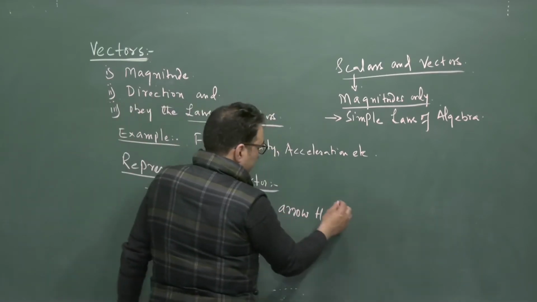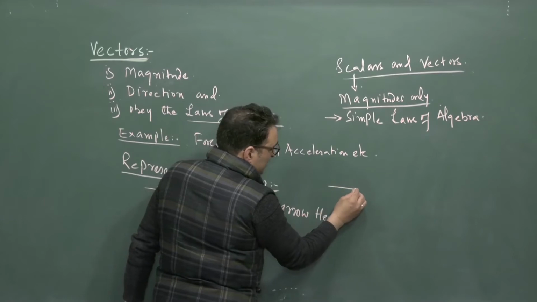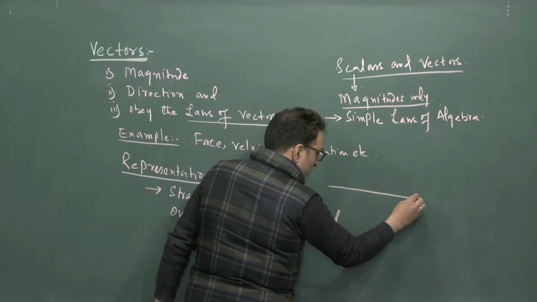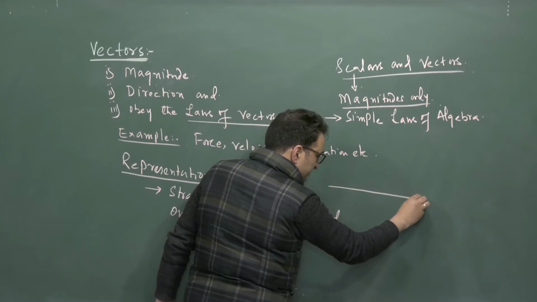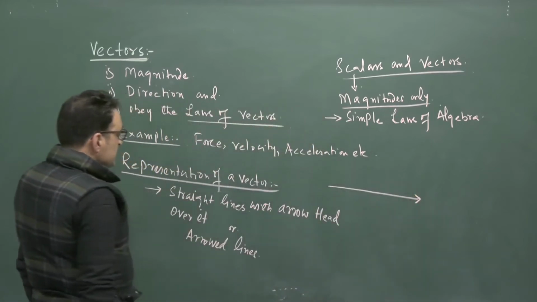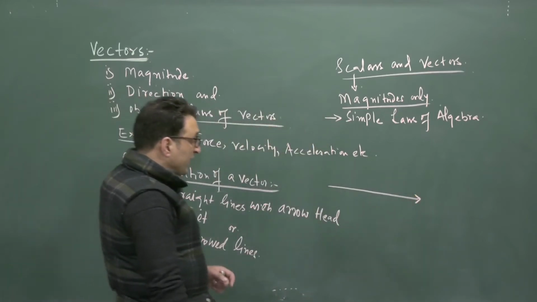Now see, let me draw the straight line with arrowhead over it. Now this is how to represent the vector.